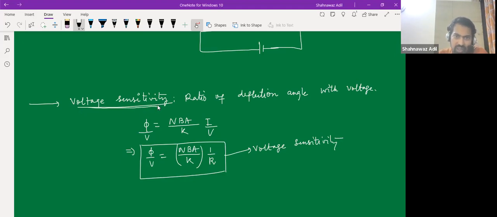Current sensitivity is the ratio of deflection angle with current. Voltage sensitivity is the ratio of deflection angle with voltage. So this is the difference, right? And they are independent. If current sensitivity changes, it doesn't mean that voltage sensitivity will change.